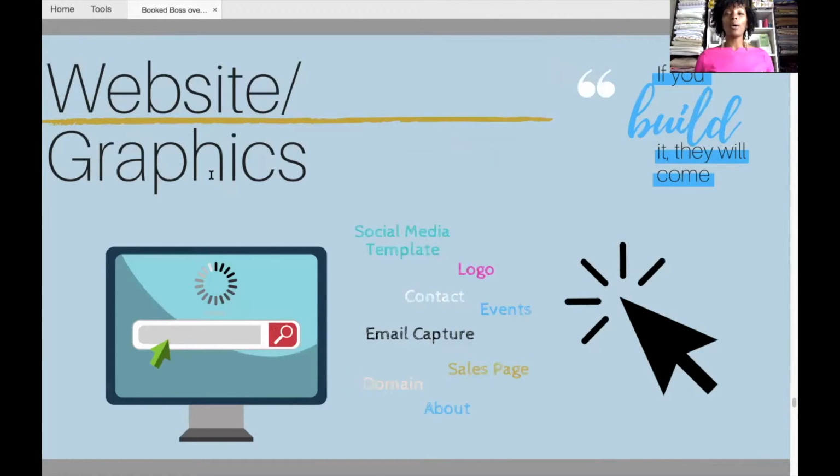And then you want to purchase your domain to be able to have a website name that directly correlates with your business name. And then an about section. And the about section is actually more important than the sales section, because people buy people and human interaction more so than they do products.